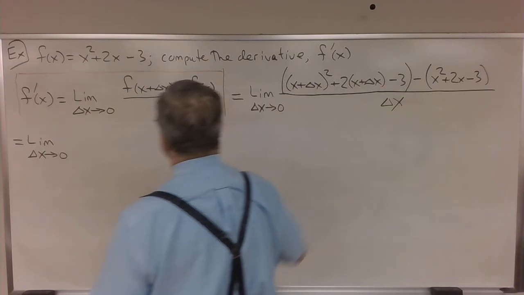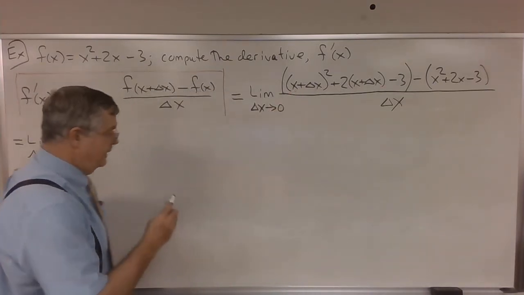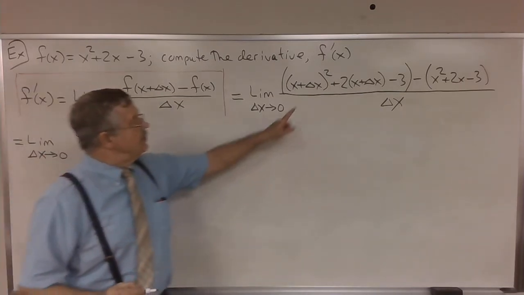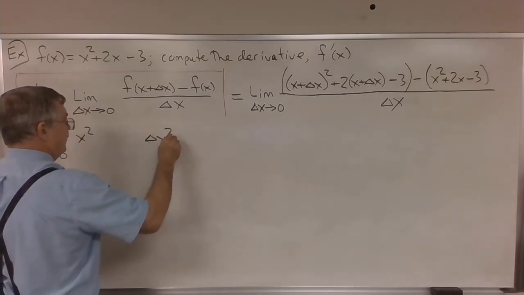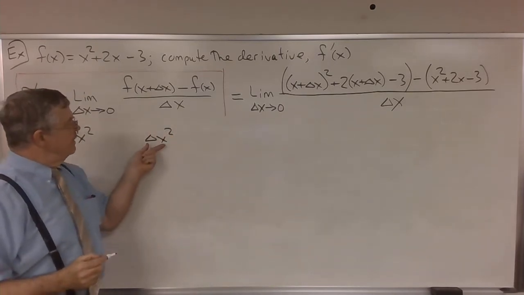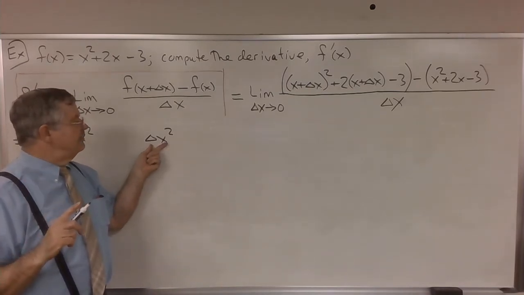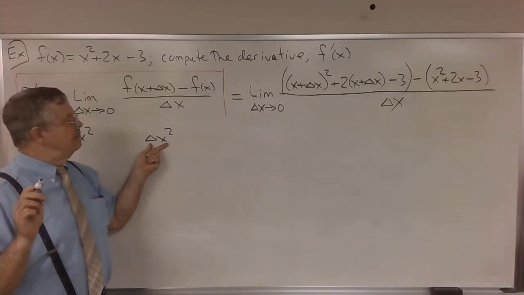So x plus delta x squared. I square the first thing. I square the last thing. And remember, delta x is one symbol. It's not delta times x. Delta x is just one indivisible symbol.